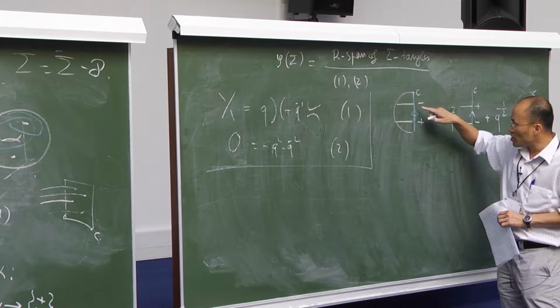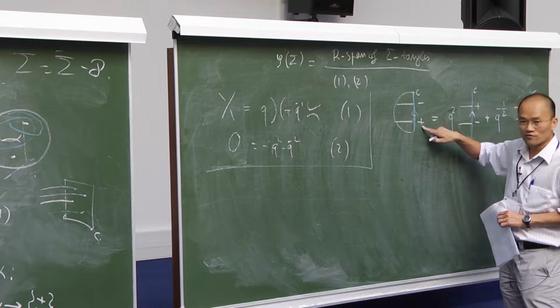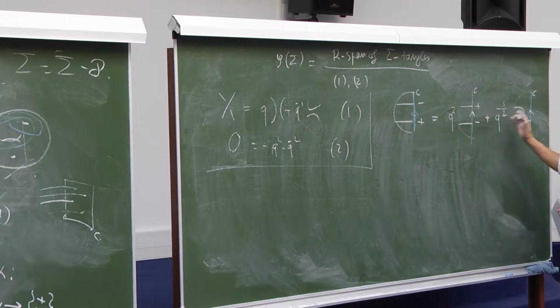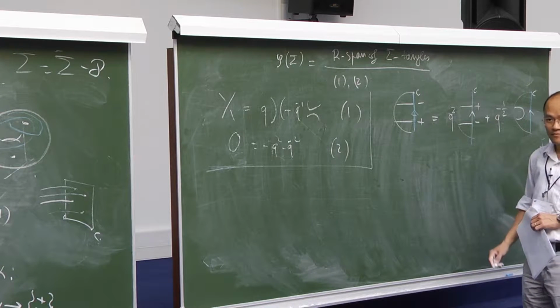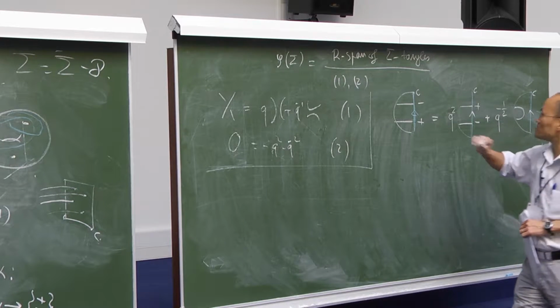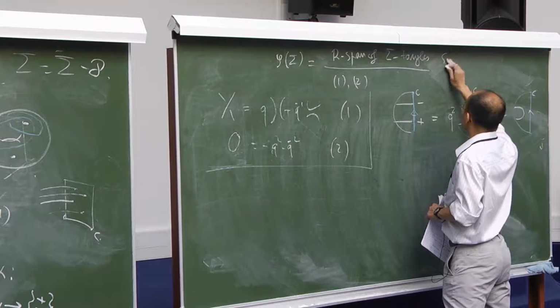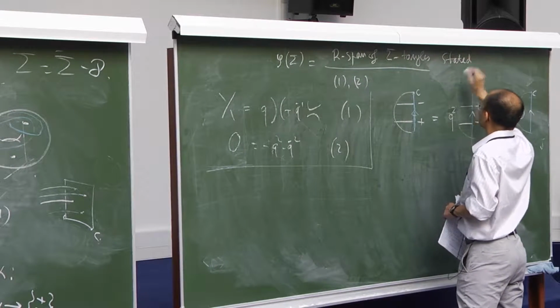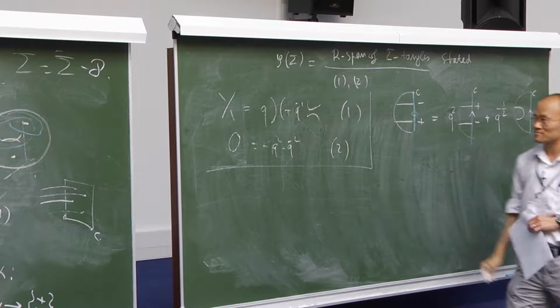And if you have a minus above a plus, you can switch by this rule here. So the tangles come with states: a state tangle.